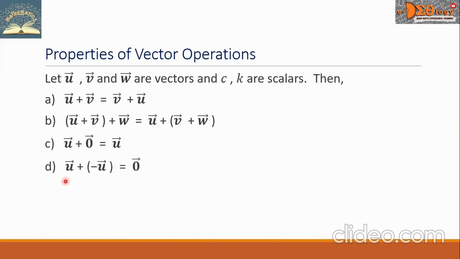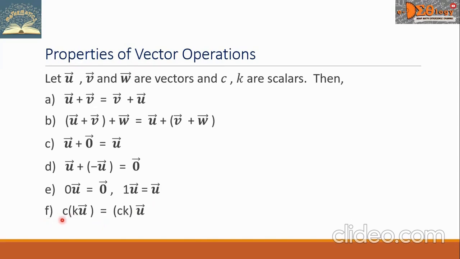Property D. Vector u plus the negative of vector u equals vector 0. Property E. 0 multiplied by vector u equals vector 0. Also, 1 multiplied by vector u equals vector u.